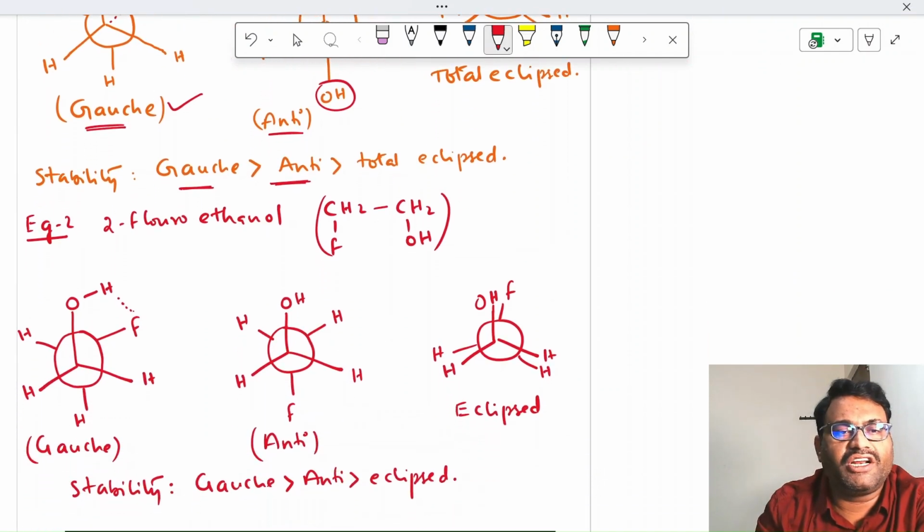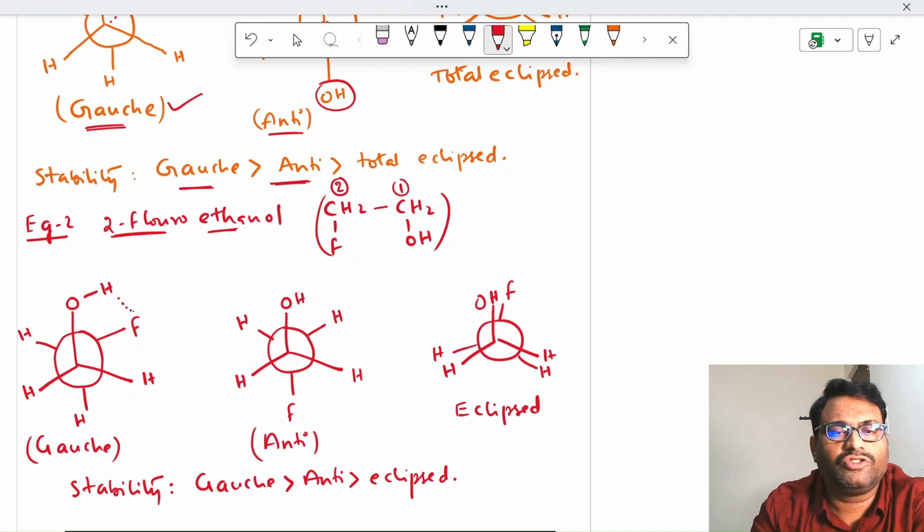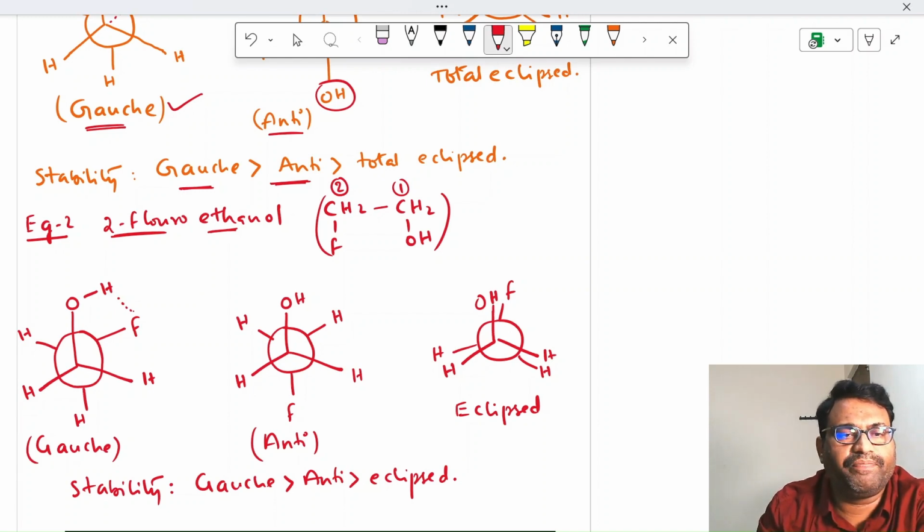Not only that, another molecule also generally asked is 2-fluoroethanol. 2-fluoroethanol is the IUPAC name. In this again, when it is in the gauche form, it is satisfying all the conditions of hydrogen bonding.